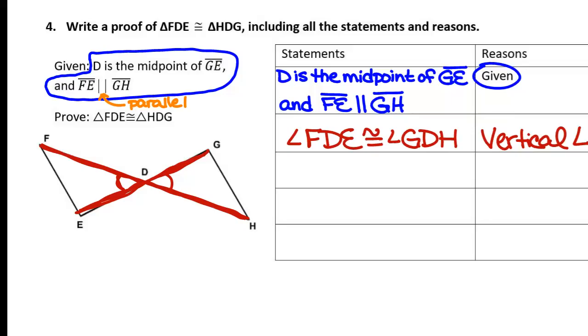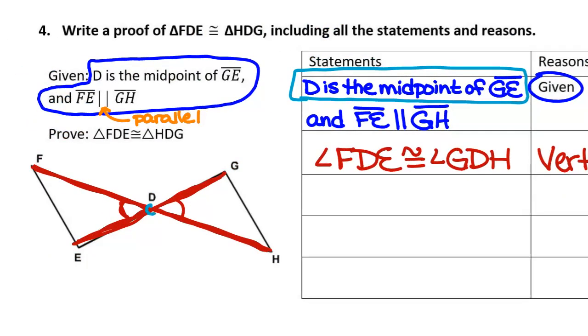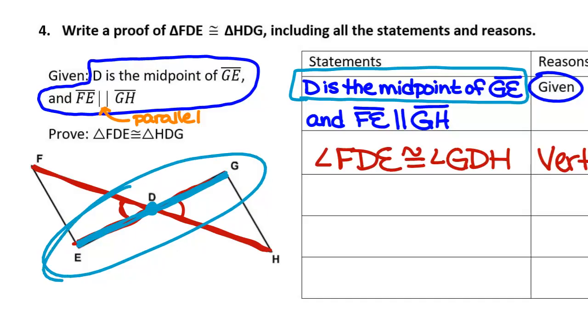All right, let's make use of D is the midpoint of GE. If D is the midpoint of GE, what segments would have to be congruent to each other? Not FH, guys. We're looking at GE, this one right here, the one where the midpoint is.